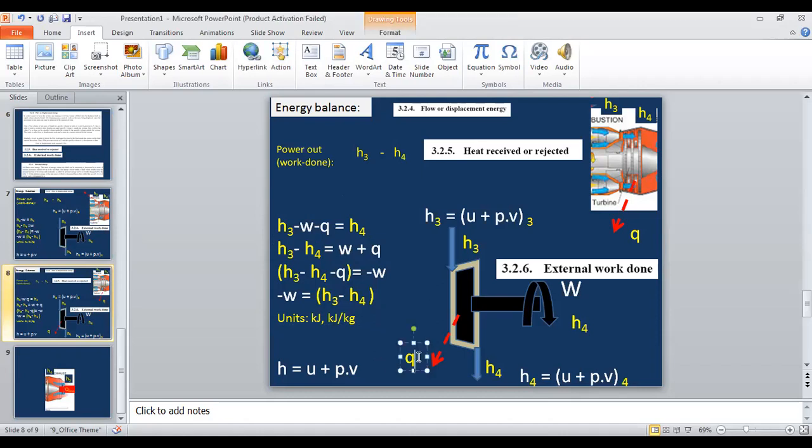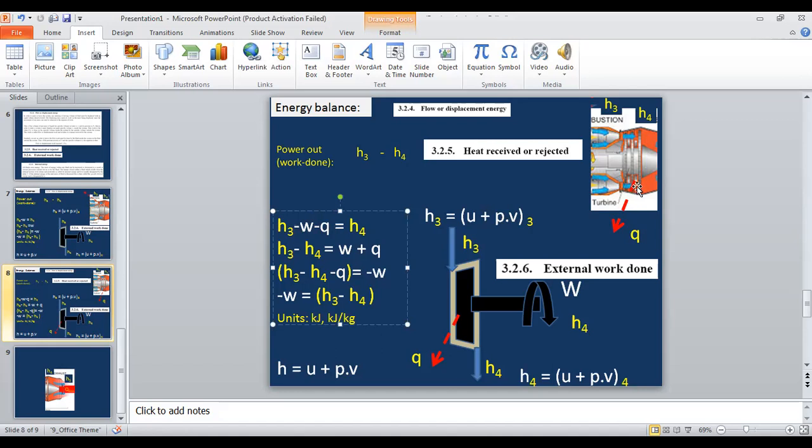So losing of heat from the surface here, there is a loss as well. So you add this Q also into this. Because initially you have energy level of H3. This working fluid contributes work W amount, and also this Q loss is from the working fluid.